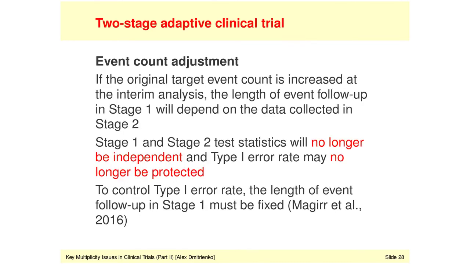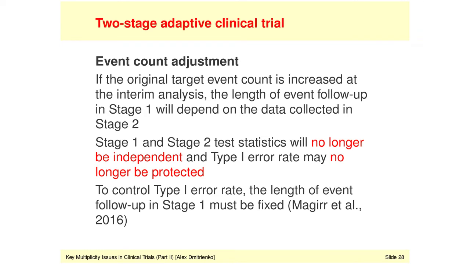If the original target event count is increased after the interim analysis, the length of event follow-up in stage 1 will depend on the data collected in stage 2. What I mean by this is that the length of follow-up for patients who are included in the stage 1 dataset will be driven by the events that will occur in stage 2.